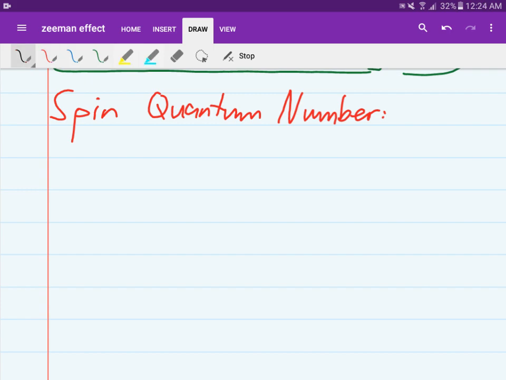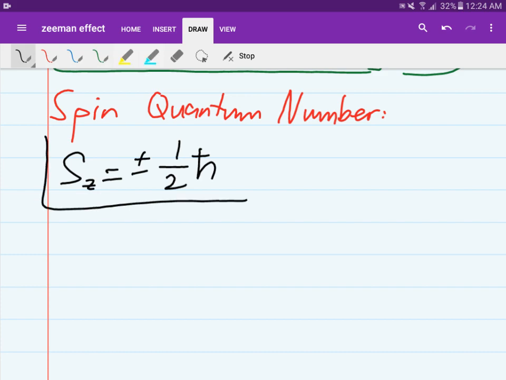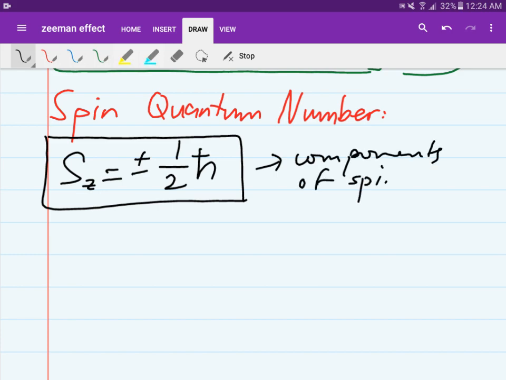Just like the z component of the orbital angular momentum, we have Sz equals plus or minus one half of h bar. These are the components of our spin angular momentum.